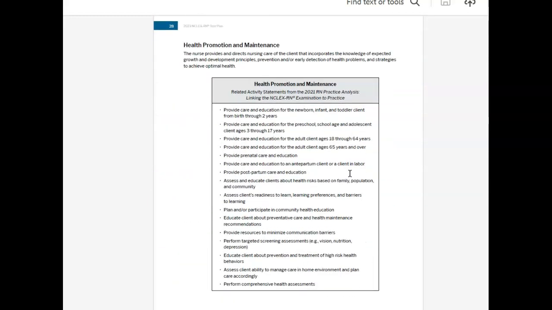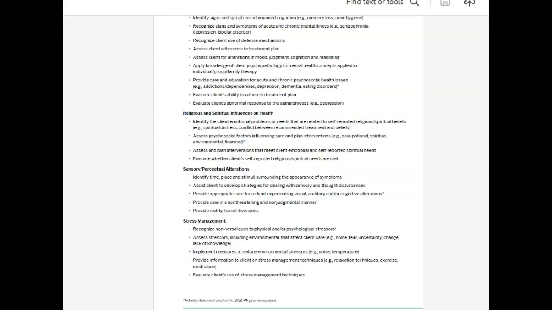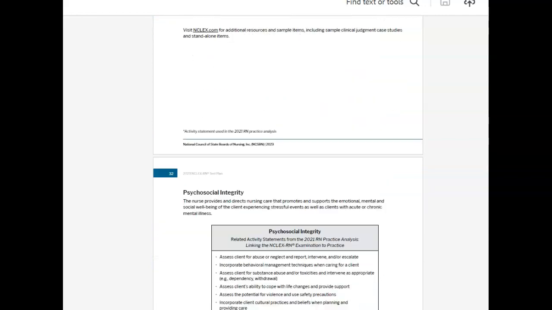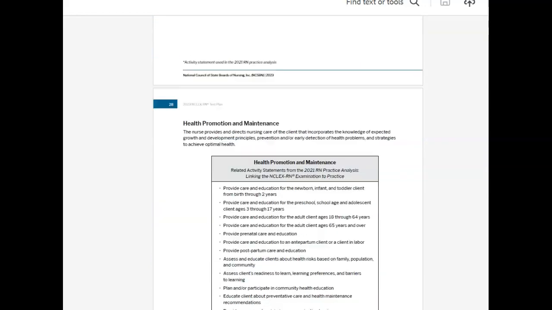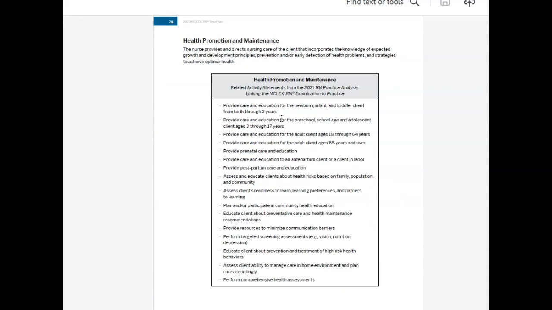And then you have health promotion and maintenance. Let's get back to that. Somehow we got off of that path. Okay, health promotion and maintenance is where we're at now. It involves a lot of education and assessments.